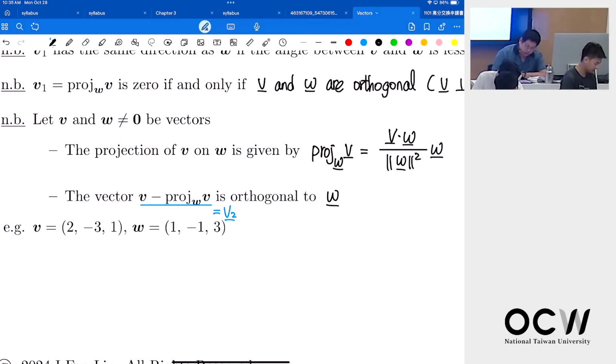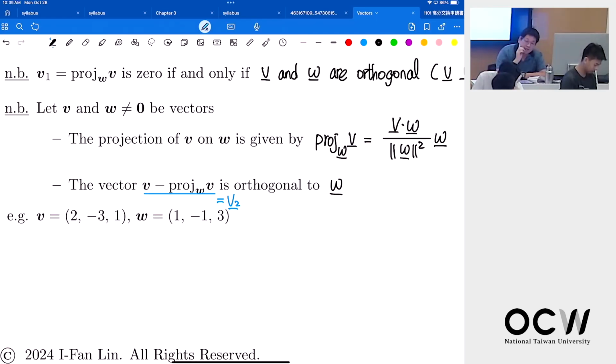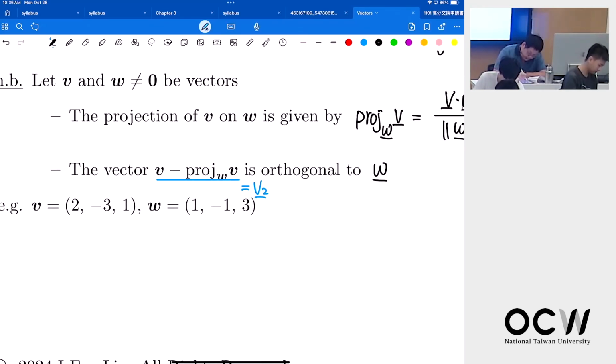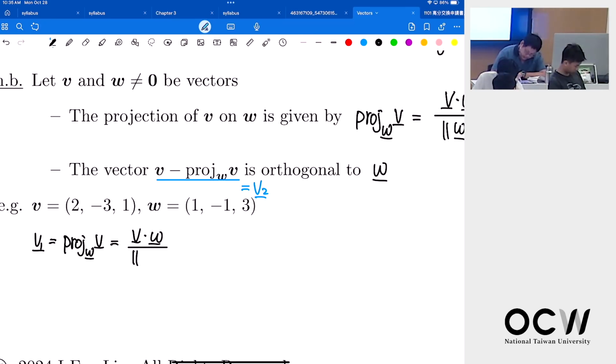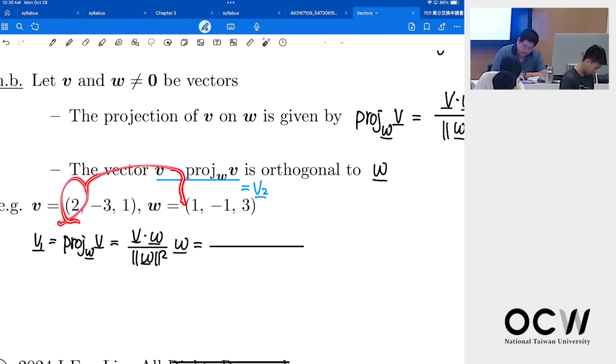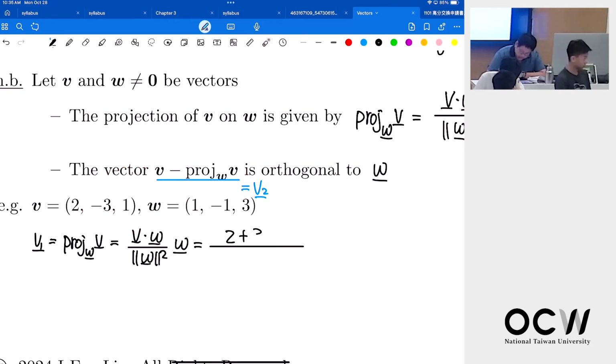I want to find v1, which is the projection of the vector v on vector W. So v1 is the projection of v on W: the dot product divided by the norm squared, and then we have the direction W. The dot product is 2 times 1, minus 3 times minus 1, plus 1 times 3, so 2 plus 3 plus 3.